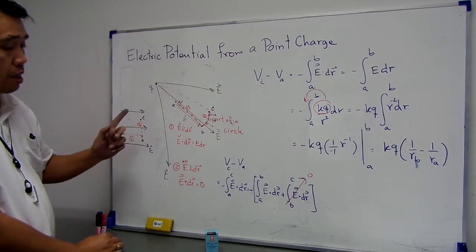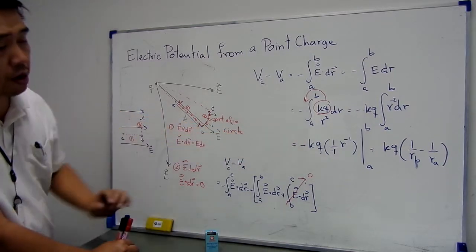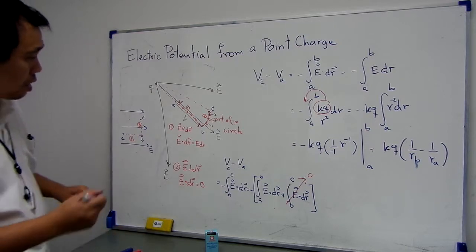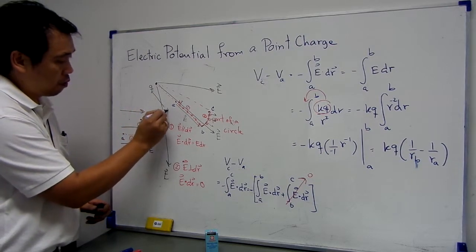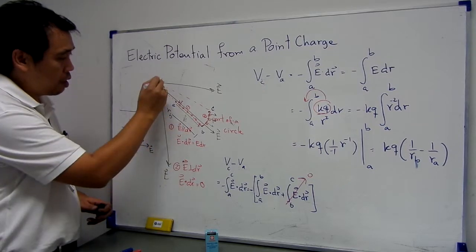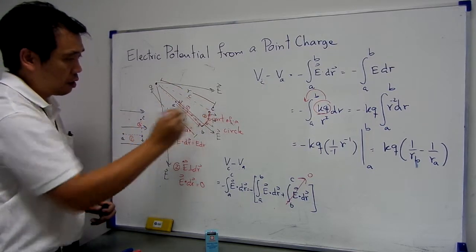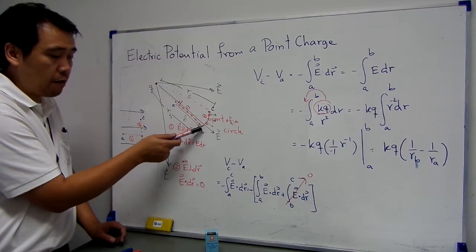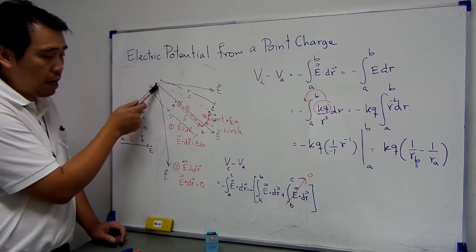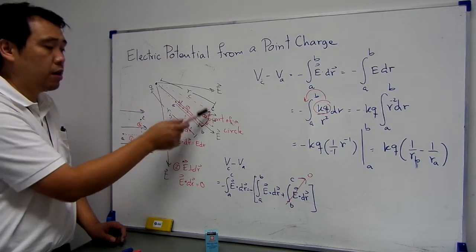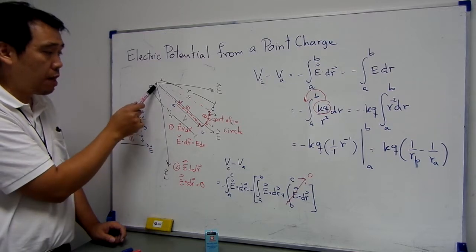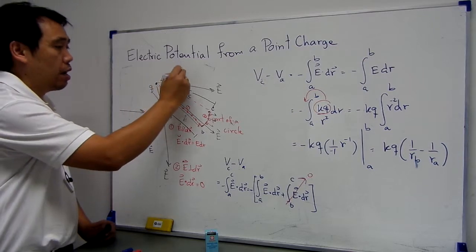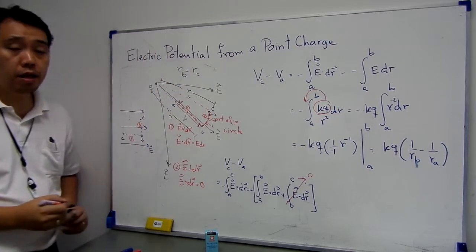The potential difference is equal to KQ times (1 over RB minus 1 over RA). But in this case, you can see that this is RB and this is RC. From the definition of the point B, B and C are part of a circle which has the same center Q. So we must have that RB is equal to RC.